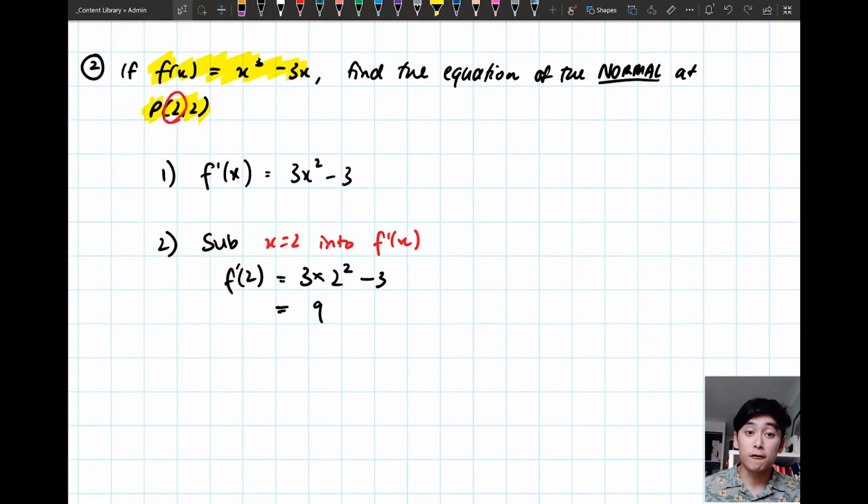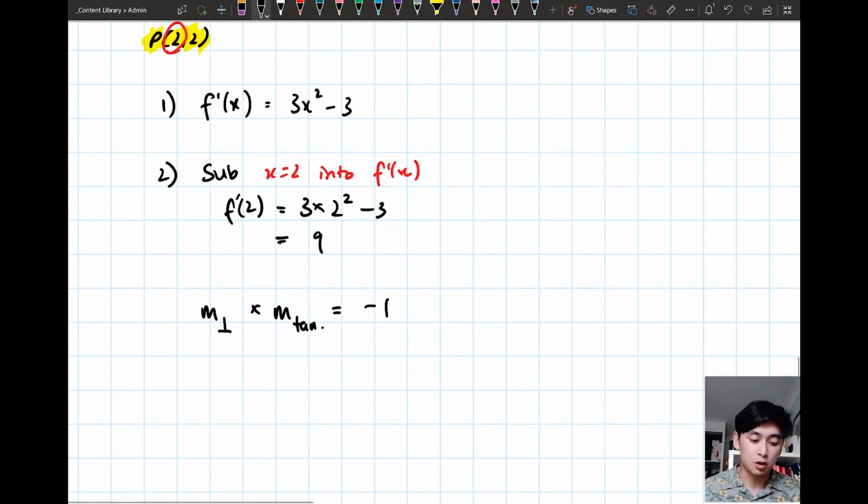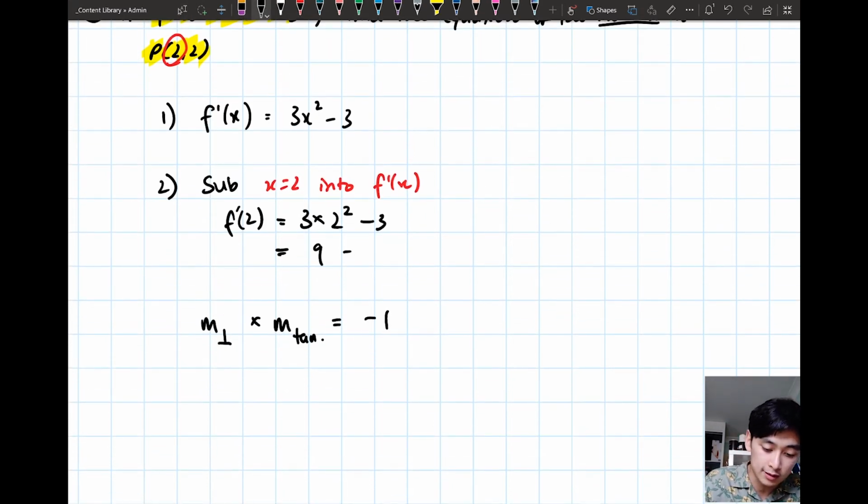The thing that is different is then I need to use my equation m normal, and I'm going to shorthand it. Sometimes you see this notation of this line thing. This just means perpendicular. Times m tangent, I'm going to shorthand it to m tan, is equal to -1. And so I just need to substitute my gradient of my tangent, which is 9, into my formula.